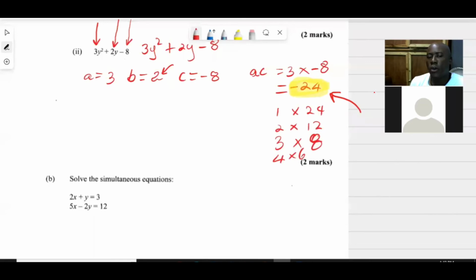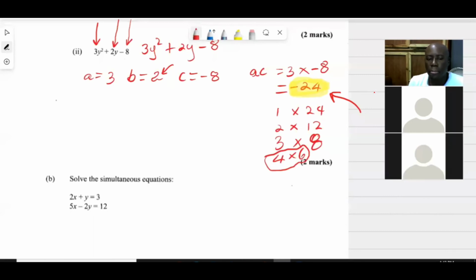That's it. So you're going to observe these to see which one of these pairs could add or subtract to give a 2. You can realize that, oh, it's 6 and the 4, that could give us a 2. Remember though, one of them will be positive and one will be negative. Let the bigger one take any sign B has.